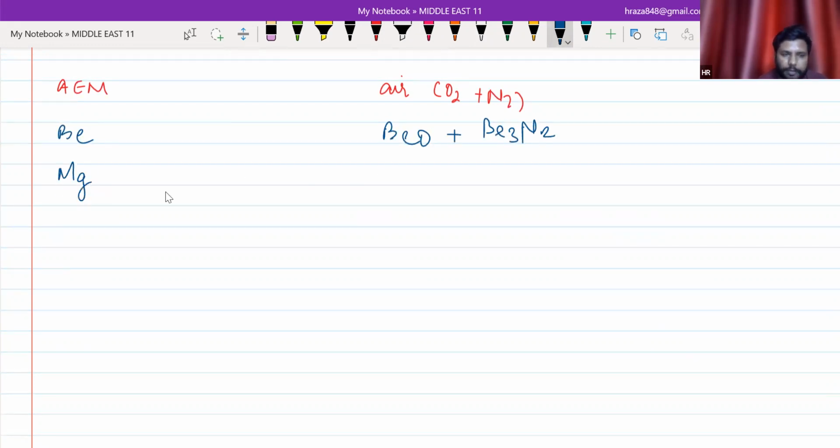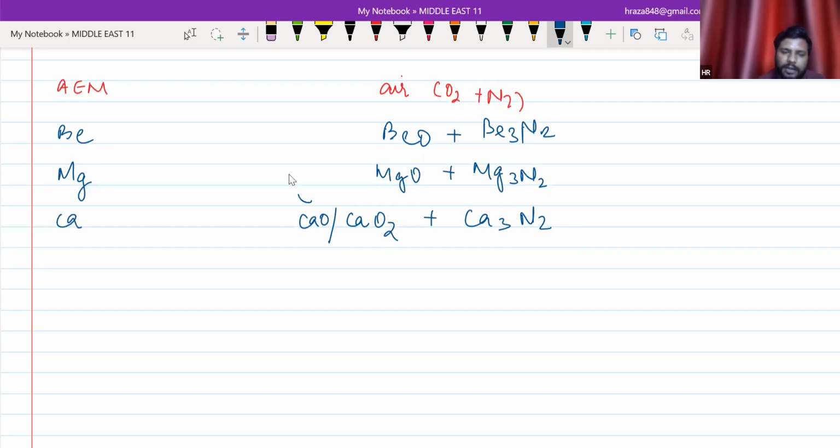If magnesium reacts, it will form magnesium oxide as well as magnesium nitride. With calcium, it will form either calcium oxide or calcium peroxide, that is CaO2, plus with nitrogen, it will form Ca3N2. But this peroxide is minor, and the oxide will be major.